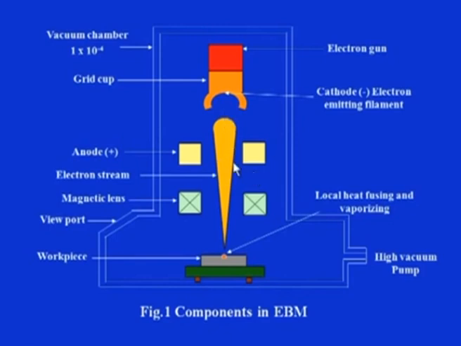However, there will be some other arrangement of accelerating these electrons, and instead of these electrons getting accumulated on the anode, they will be directed towards the workpiece, which we can say is the focusing of the electron beams by means of some magnetic lenses, as shown here. These are the pairs of magnetic lenses. So, they will be so adjusted that this electron beam will be focused at a point where the workpiece will be kept.